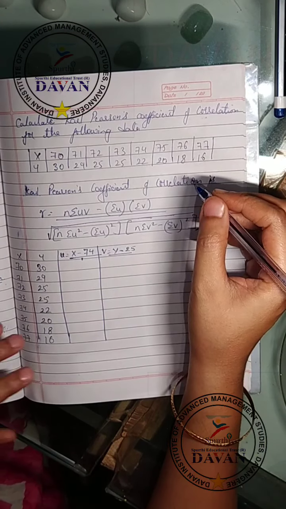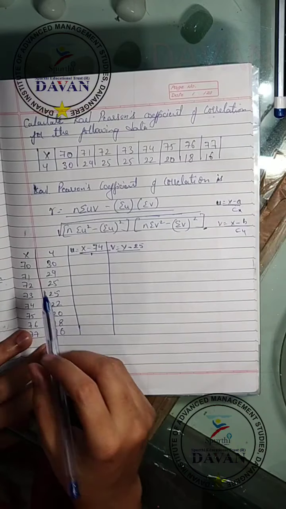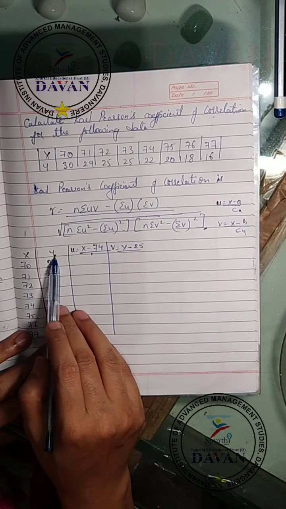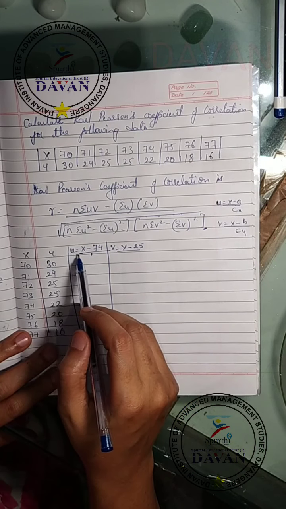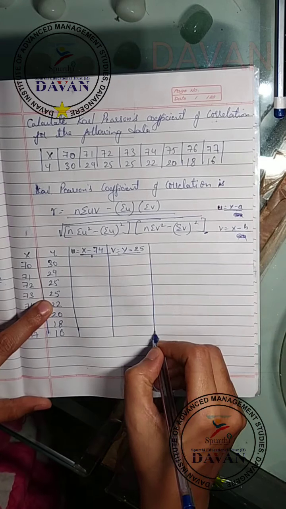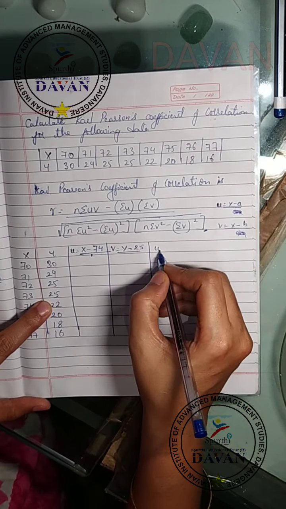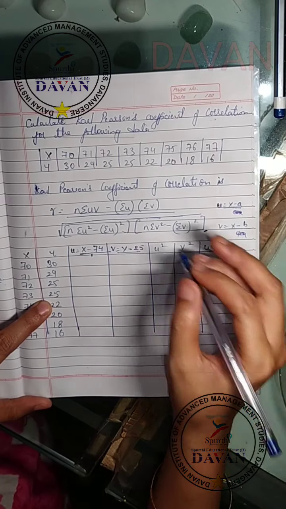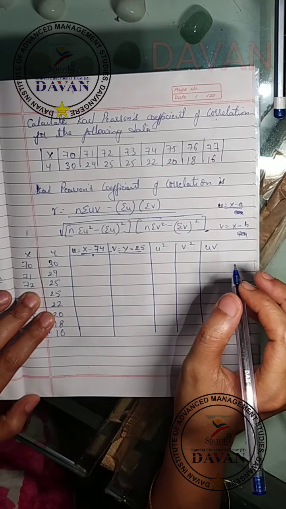So to solve this, we frame the table with X, Y values, and U is equal to X minus the assumed value I've taken as 74, and V is equal to Y minus the assumed value of Y, which is 25. Next, since I require U square, V square, U into V in the formula, I've made the columns for that.